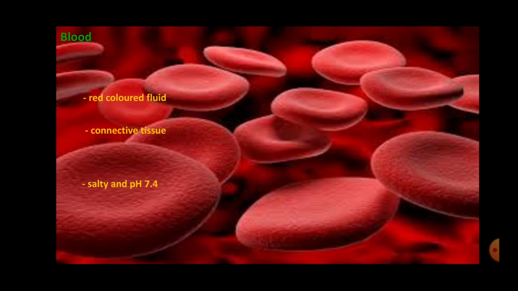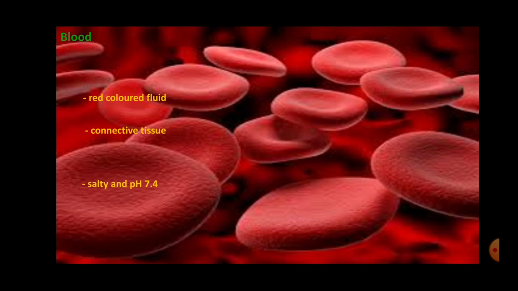Then the blood cells. There are three types of blood cells. First one is RBC or red blood corpuscles. As the name indicates, the RBCs are red in color because they have an iron compound, that is hemoglobin.